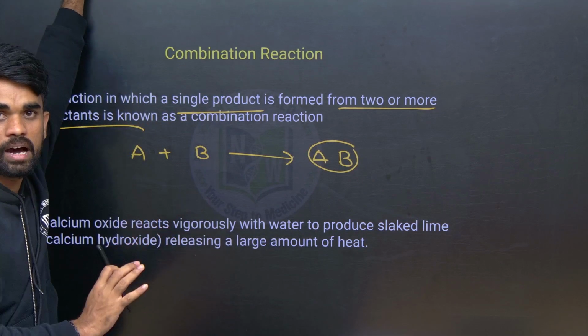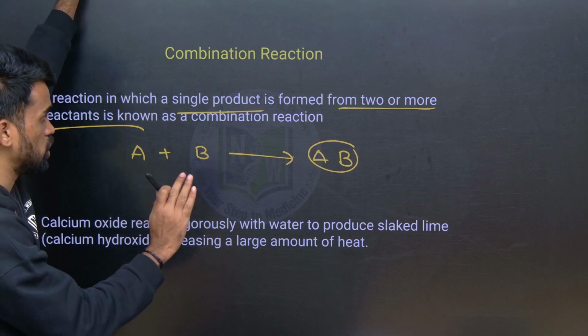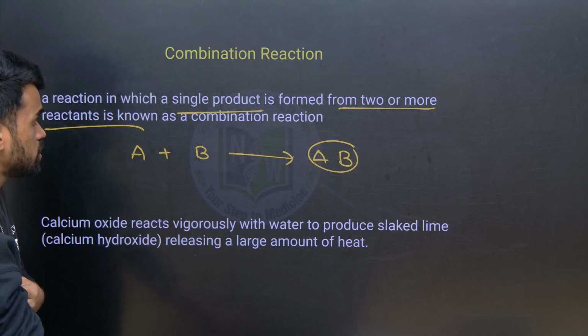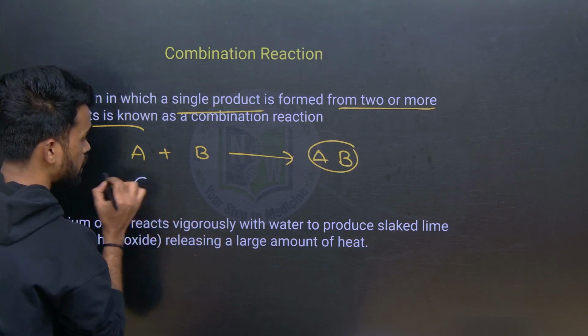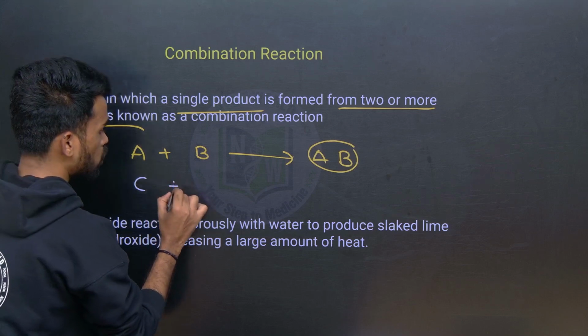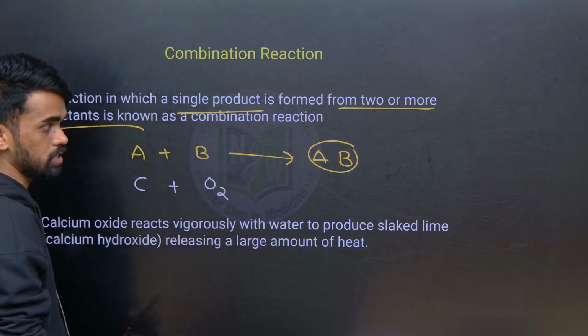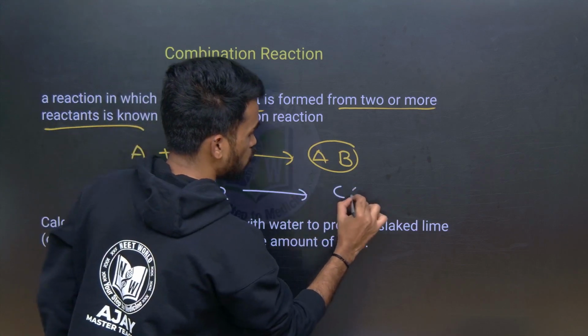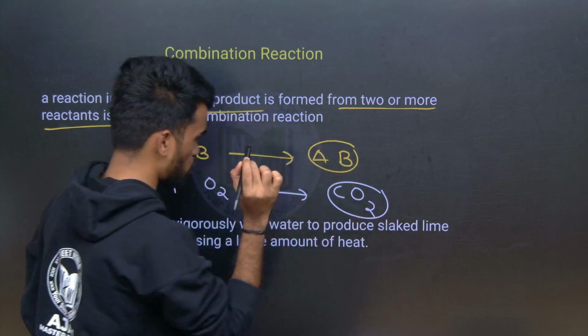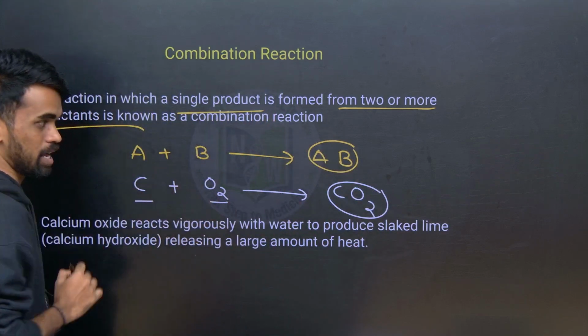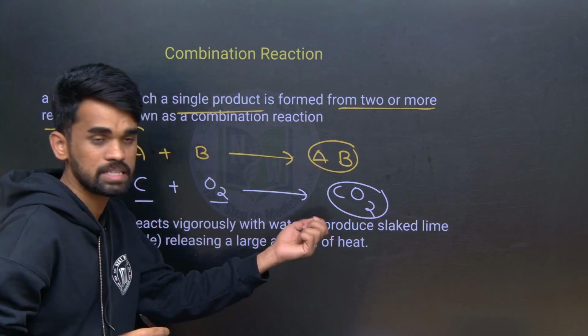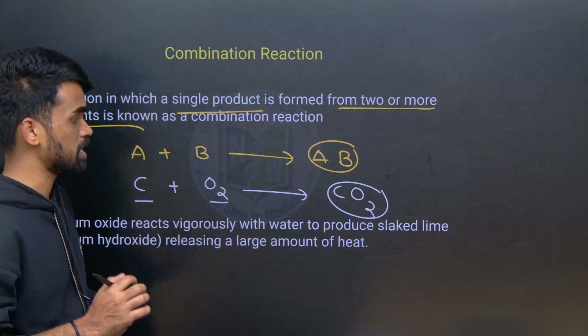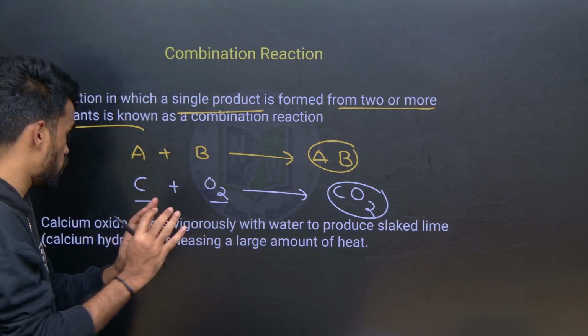This is a basic way of understanding the definition. For example, carbon upon combining with oxygen forms CO2, a single product. This is a simple example of a combination reaction. I hope it is clear.